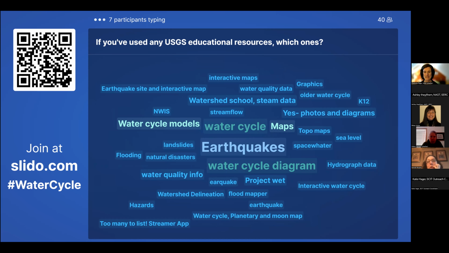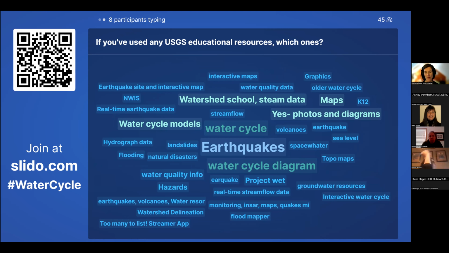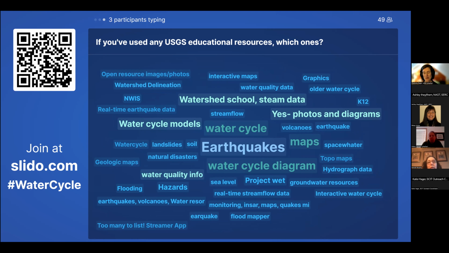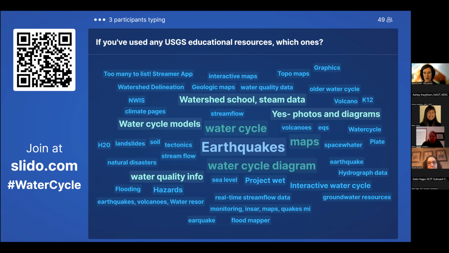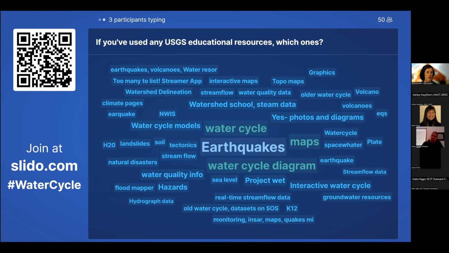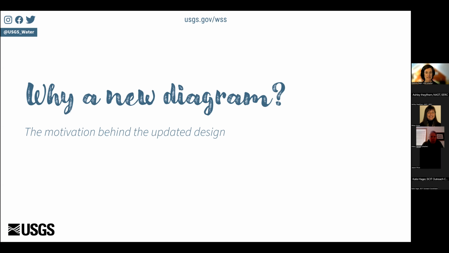This is really great to see just the variety of resources that you're already familiar with. USGS does a lot from earthquakes to ecology to geology and water. So really cool to see that represented here. Okay, well, thank you so much for participating in that poll. Hayley, do you want to go ahead and advance to the next slide?